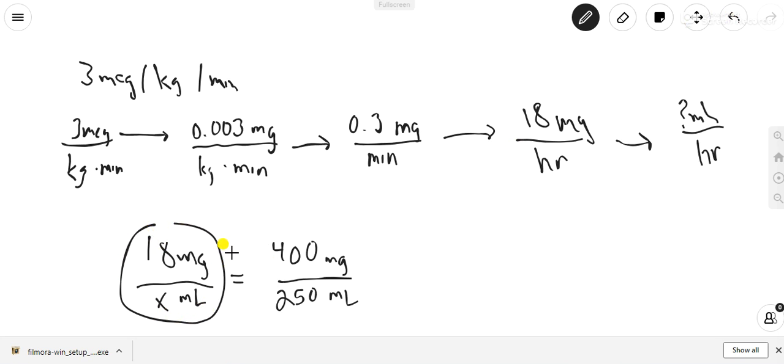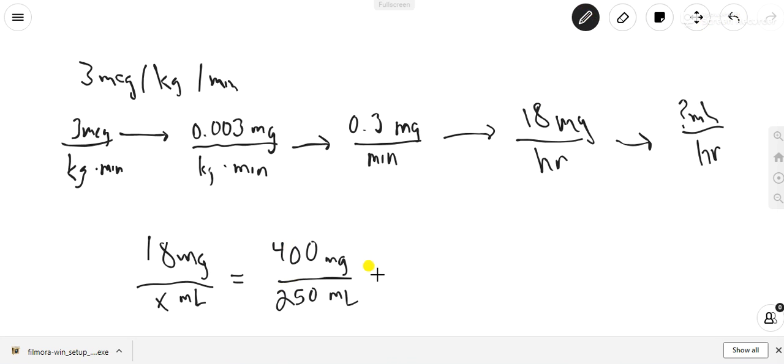Since I'm slicing the 400 milligrams up into equal parts, that means the amount of medicine that the 400 milligrams is in, which is the 250 milliliters, is also sliced up into equal parts. And that's what I want to find, X. So I can set that proportion up. 18 milligrams is compared to X milliliters. It's the same ratio as 400 milligrams to 250 milliliters.